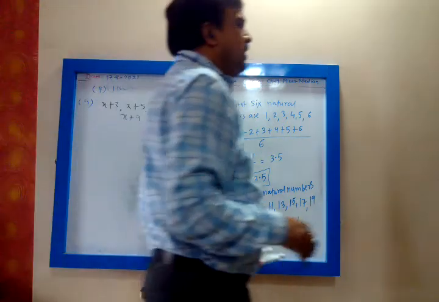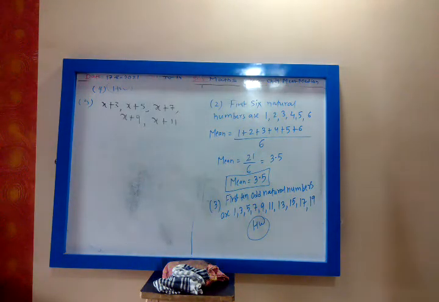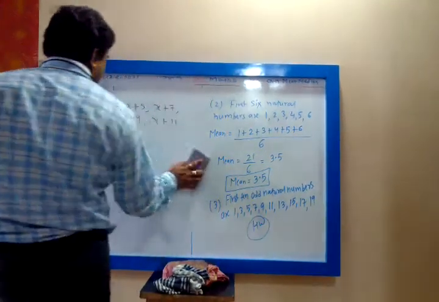Do it. Add all the values and divide this total by the total number of values given. Yes. Add all the values: x plus 3 plus x plus 5 plus x plus 7 plus x plus 9 plus x plus 11.